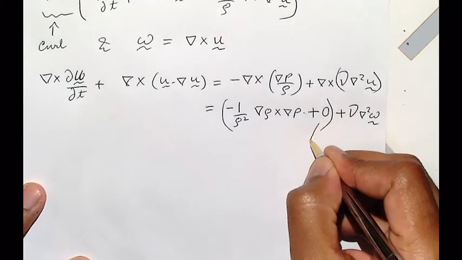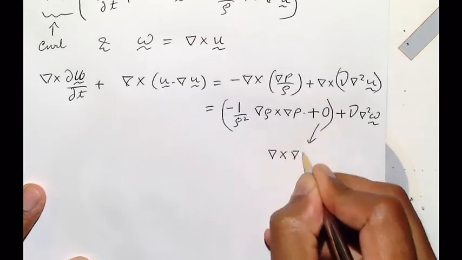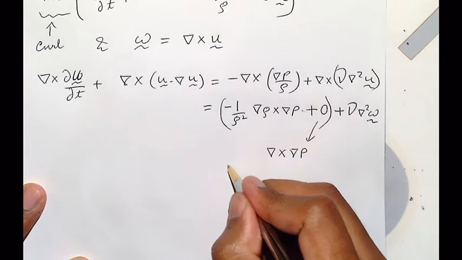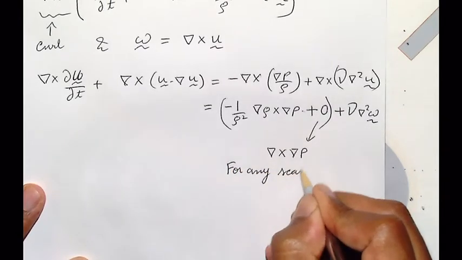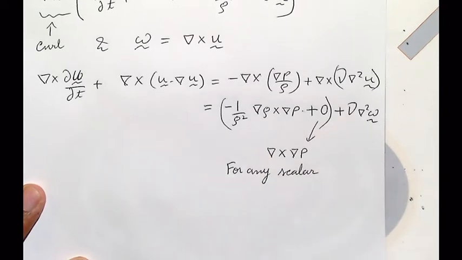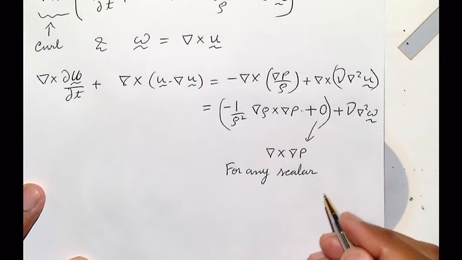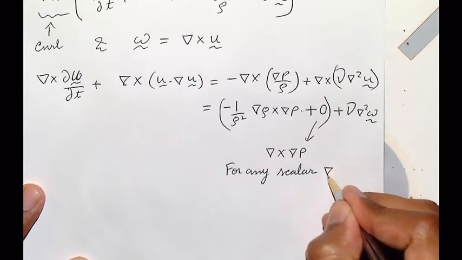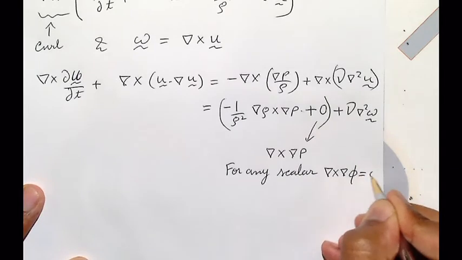Because this comes from nabla cross nabla p. For any scalar, be it p, phi, or temperature, this is a vector identity: nabla cross nabla phi is equal to 0.